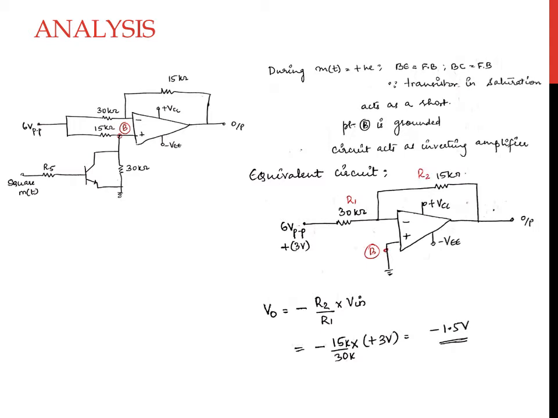The output voltage for an inverting amplifier is equal to minus R2 by R1 into Vin, which is minus 15 kilo ohm by 30 kilo ohm multiplied by 3 volts, giving a value of minus 1.5 volts. If the input voltage is minus 3 volts, then the output voltage obtained will be plus 1.5 volts.